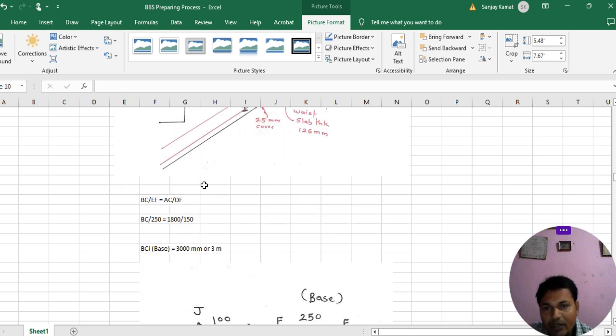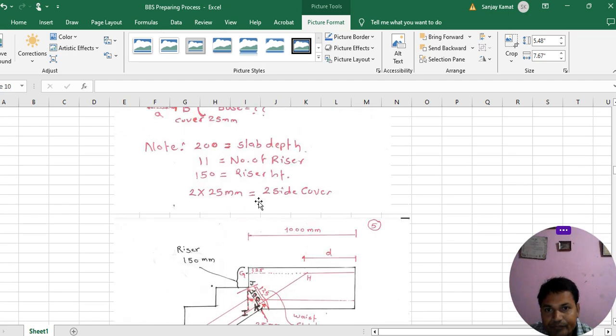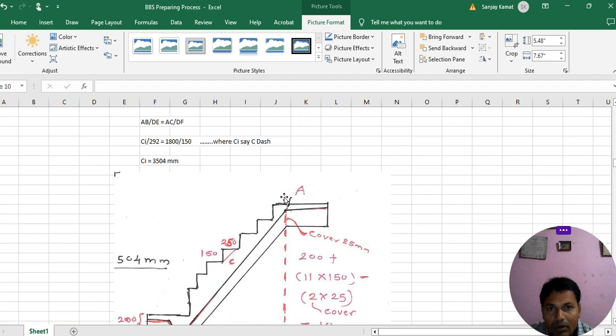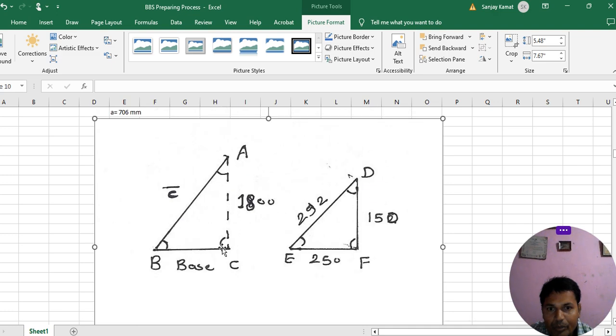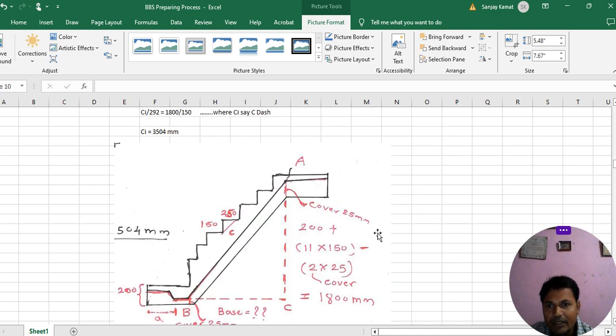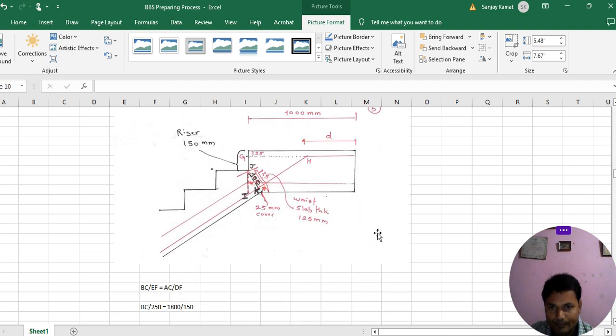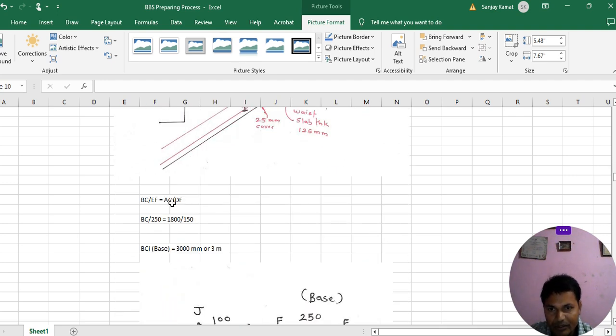So to calculate again, we will do it by the proportion method. By proportion method, BC by EF is equal to AC by DF.